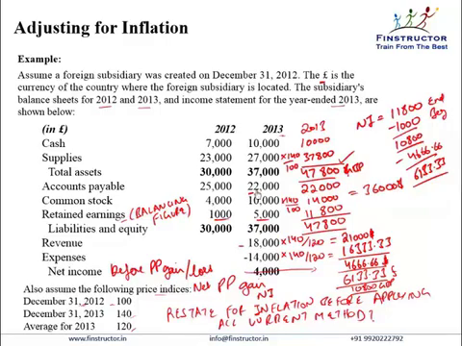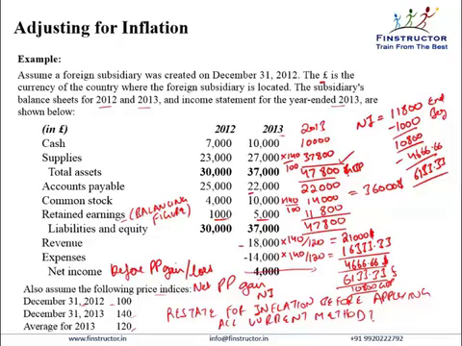We don't have to pay the other person more, whereas our assets will go up to the extent of the inflation. So our supplies, that is our inventory, will go up with inflation since it's a real asset, whereas the liability didn't go up because the liability was a monetary liability. It was something like debt or accounts payable.